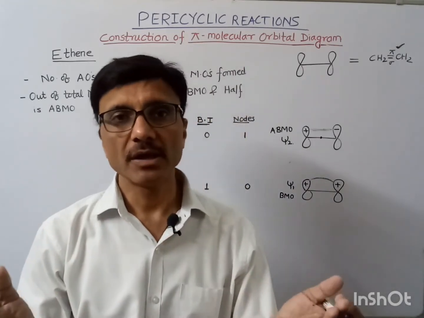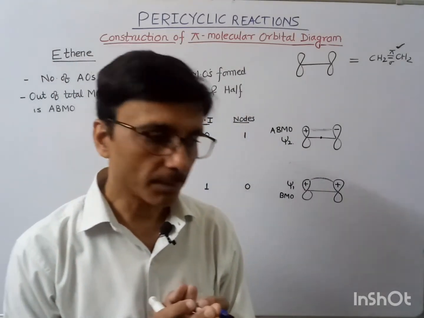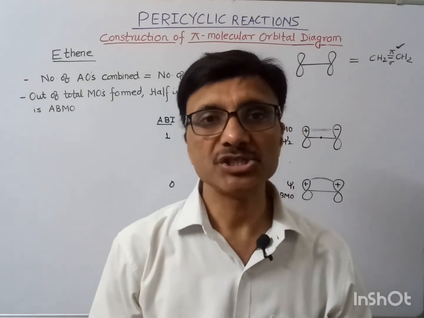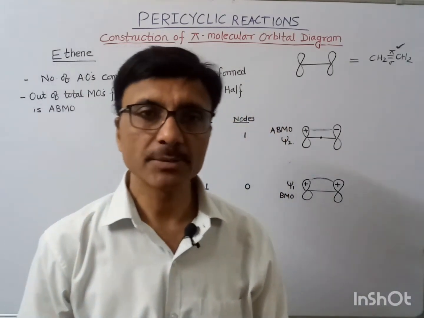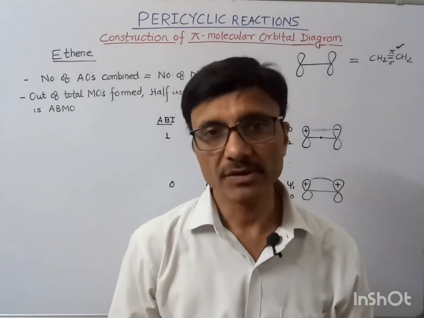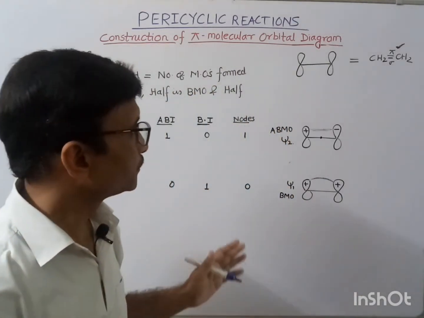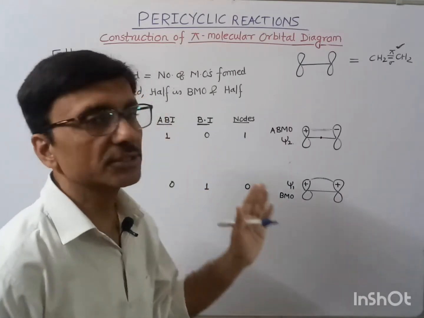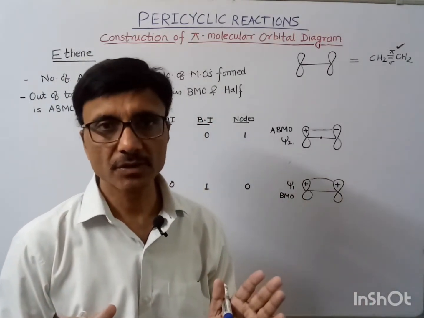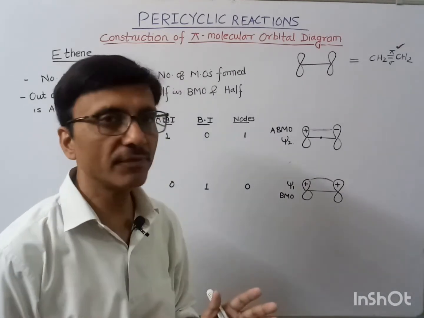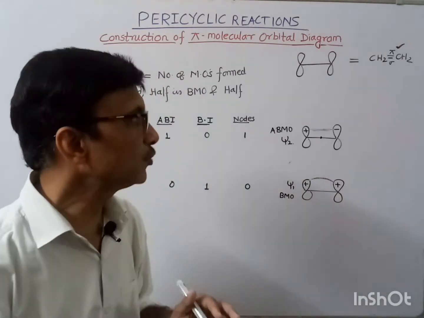We have read symmetry elements, for example the mirror plane symmetry, C2 symmetry, and this S-n symmetry, or the inversion i symmetry. But in pericyclic reactions, we are mainly concerned with two types: one is the mirror plane symmetry and another is the C2 symmetry.